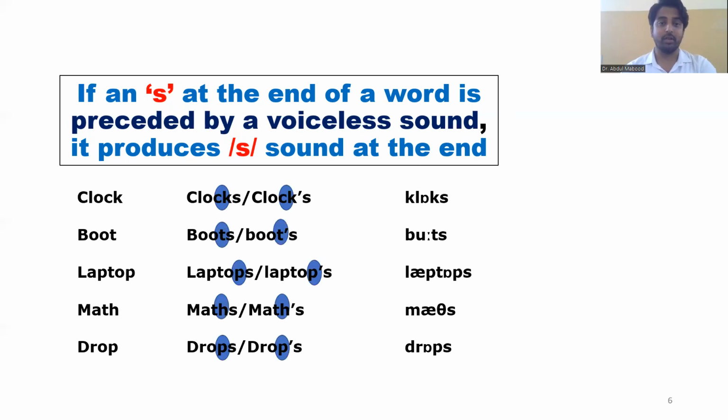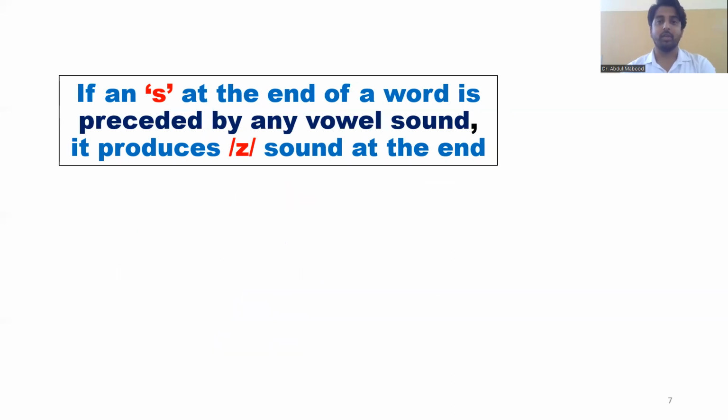See next rule. Also, you can see here all these letters are voiceless, and after the voiceless letters or sounds, the sound will be s at the end. Now next rule, if an s at the end of a word is preceded by any vowel sound, it possesses z sound. Why? Simple, the rule is simple. All the vowel sounds are voiced or voiceless?